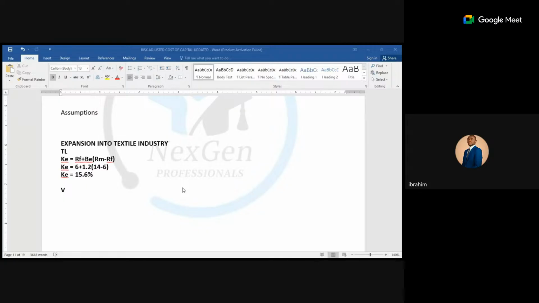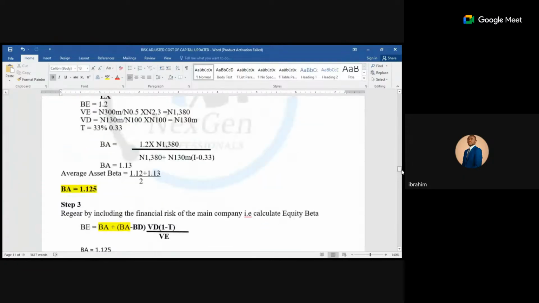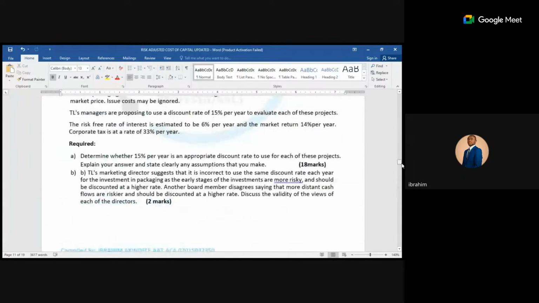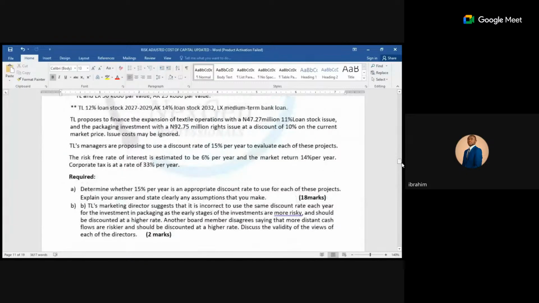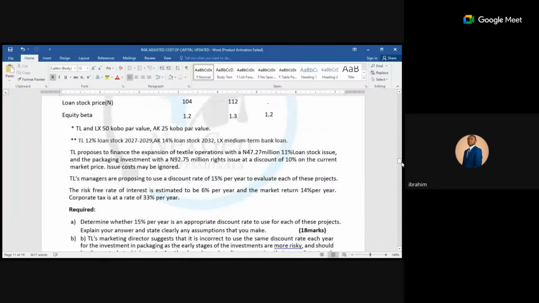Okay, let's stop here so that you can digest, right? So please, we'll continue from this expansion into the textile industry. Class, you should not forget what takes us to this part. We want to determine if the 15% is actually achievable or not, and we should state our assumption clearly.